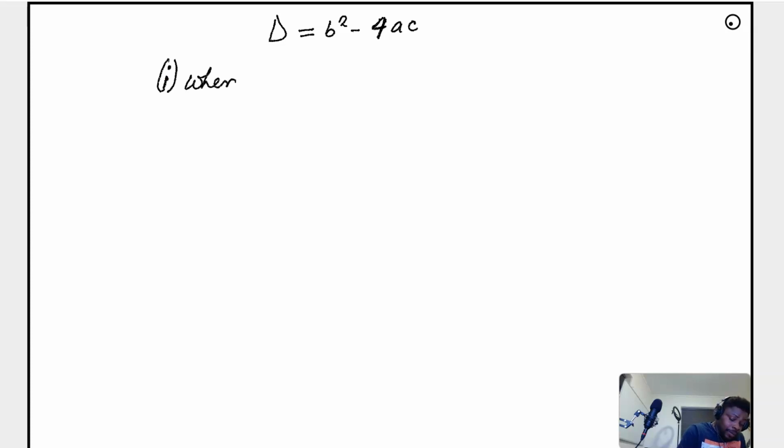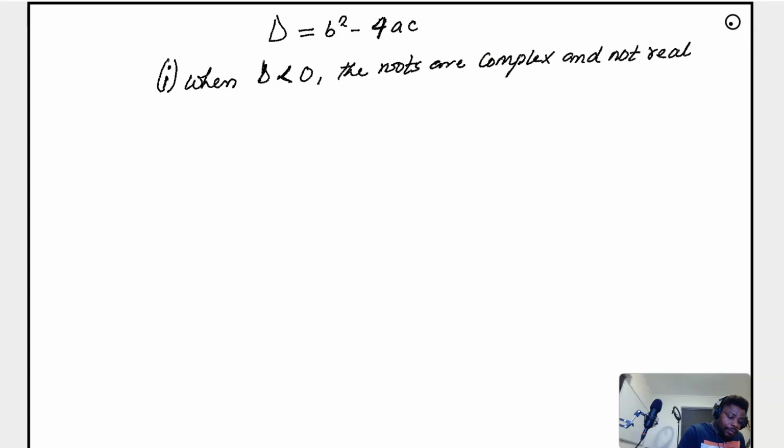When d is less than 0, the roots are complex and not real. So when d is less than 0, the roots are complex and not real.